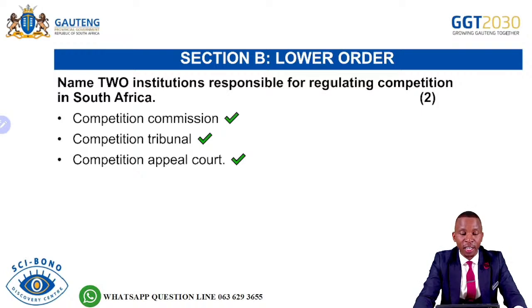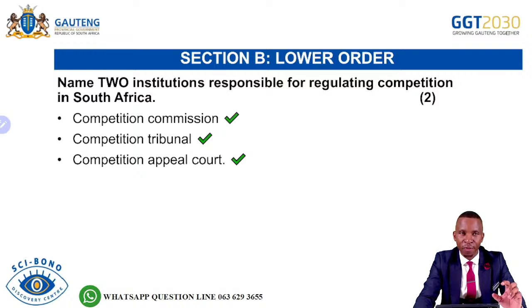And then after that, if the firm is not happy with the findings and the penalties imposed on it, it will simply have to appeal to the Competition Appeals Court, and the Appeals Court will do its own investigation on those findings and check if the findings by the Competition Tribunal are accurate or correct or not. After that, if the firm is found guilty indeed, the charges or the fine will be upheld. But if the firm is not found guilty by the Competition Appeals Court, that will mean that charges will be withdrawn by the Competition Appeals Court.